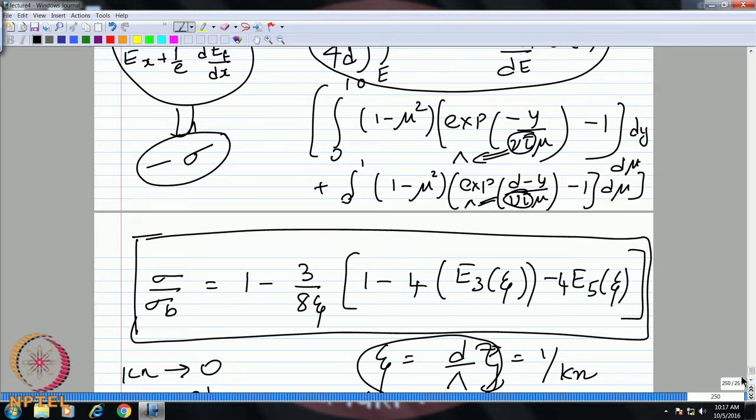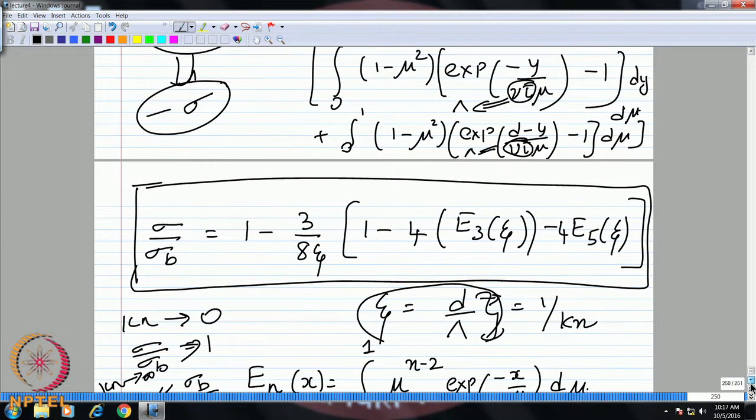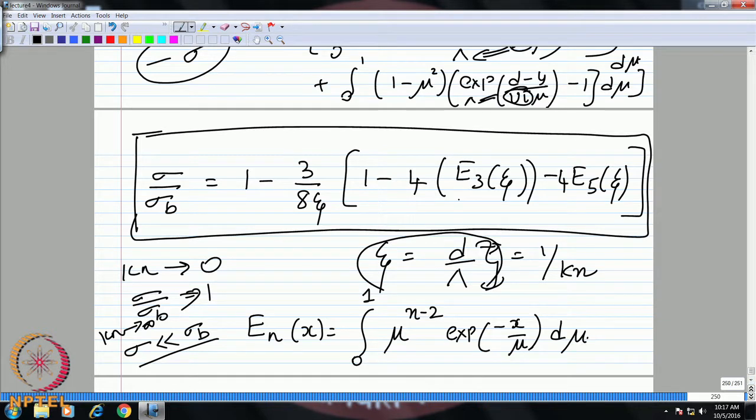Apart from that, you have to now integrate with respect to mu. I have expressed those integrals in terms of the integral functions E3 and E5. You have two terms here.